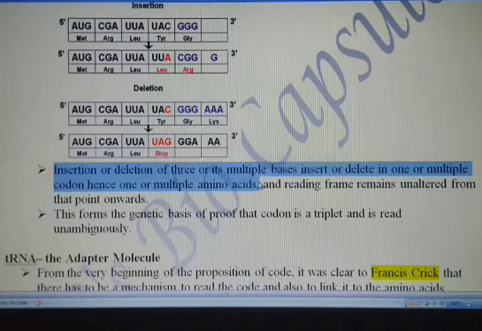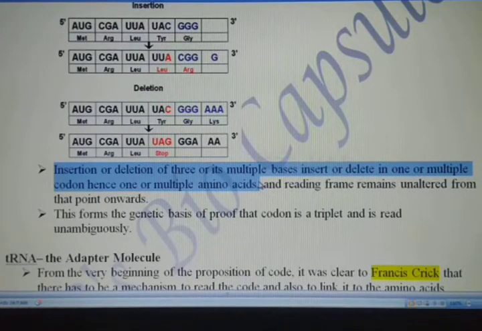Whatever amino acids were supposed to be there in the sequence after that remain unchanged. If insertion has taken place, one amino acid is inserted, and after that all other amino acids are as they were before.